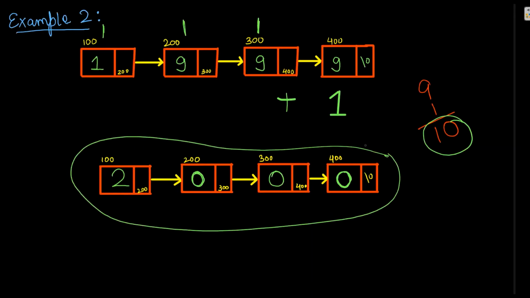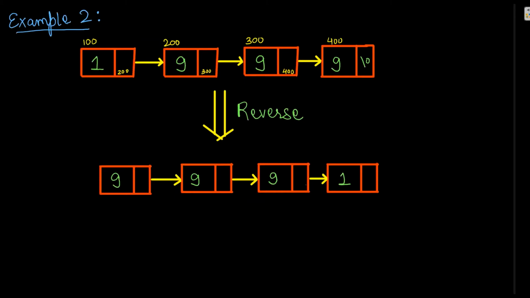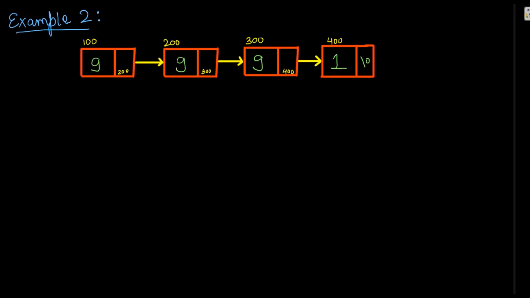So if I need to write a program for this, how can I write it? First of all, I'll reverse the linked list as I need to perform the first operation on the last digit. So I'll reverse the number so that I'll get 9991. Now I'll be performing the operation on this. Here when I add 1, as this is in linked list form, 9 plus 1 will be 10.